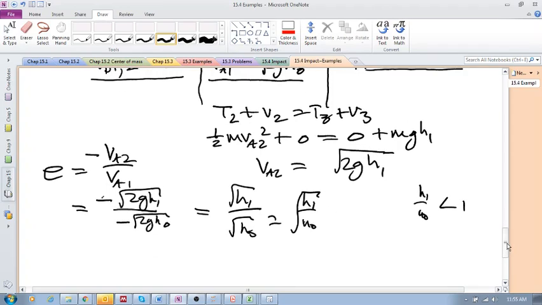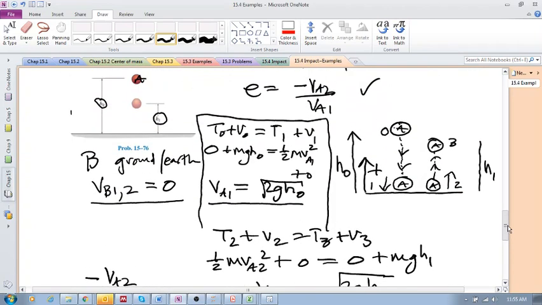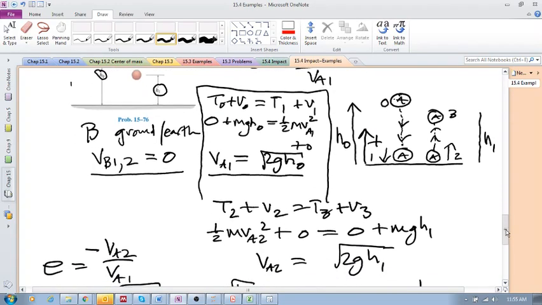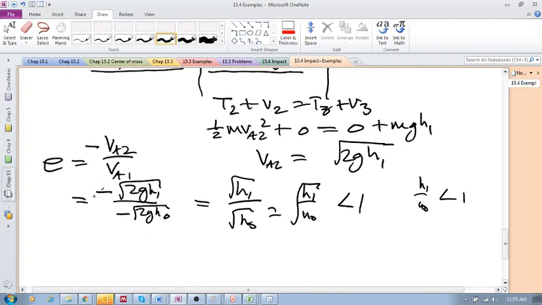So E is less than 1, which makes sense because the ball doesn't rebound all the way back to its original position. There has been some loss of energy. So that's the answer. E is equal to the square root of h1 over h0. Okay, cheers.